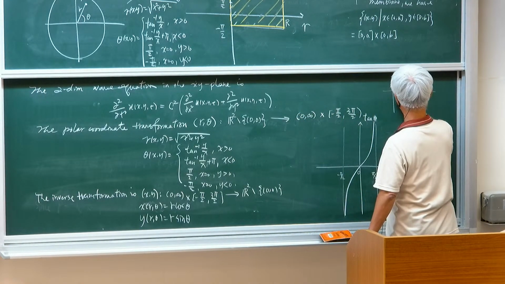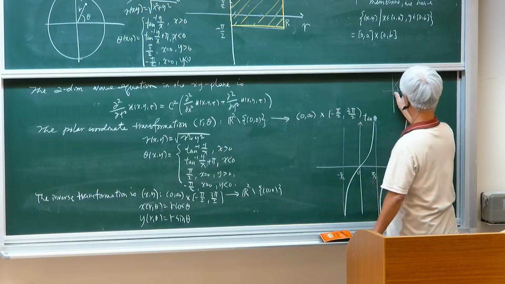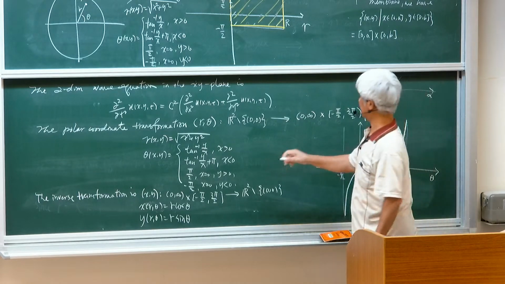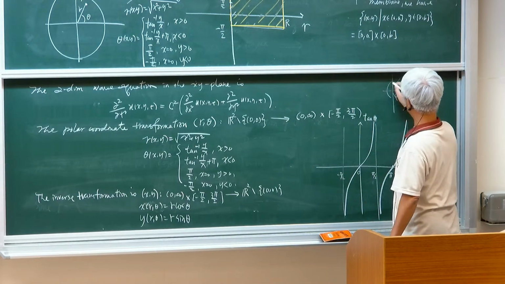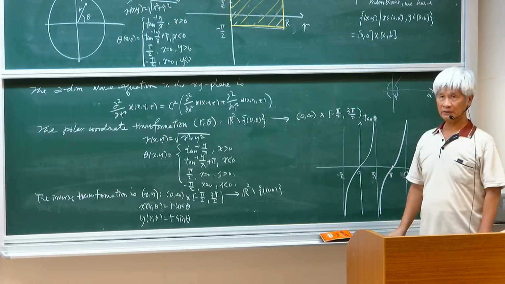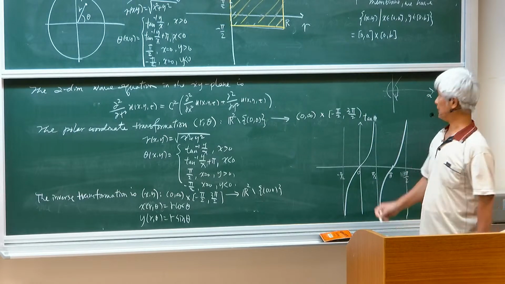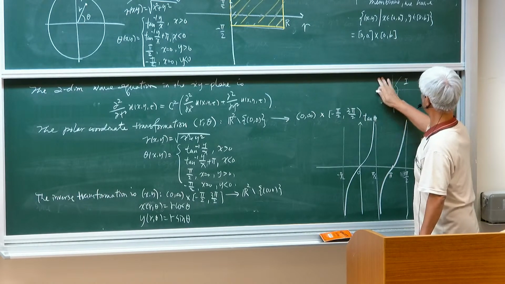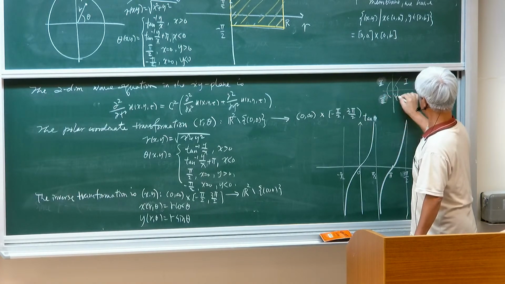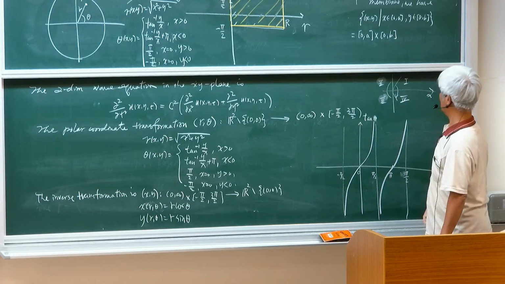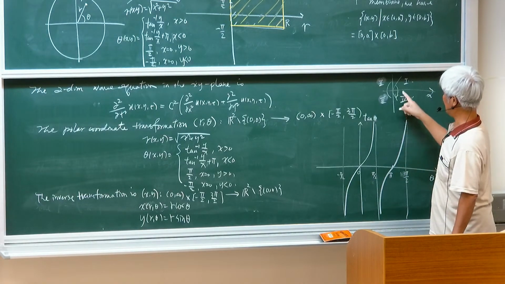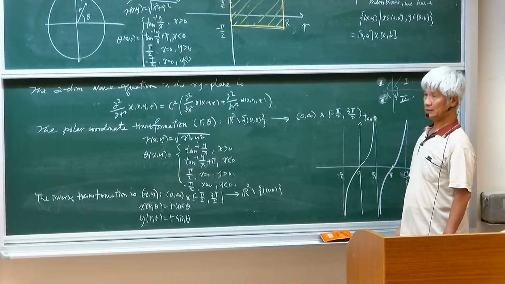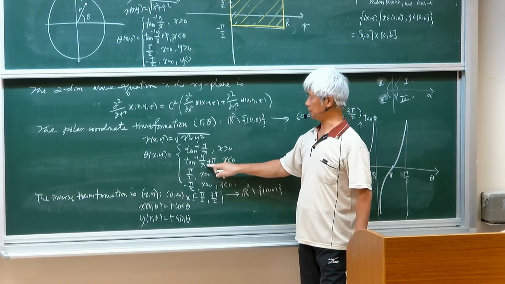If the angle is in here, the x-coordinate is always positive. If x is negative, then you have to go to the second and third quadrants, where the x coordinate is negative, so you have to add a pi.